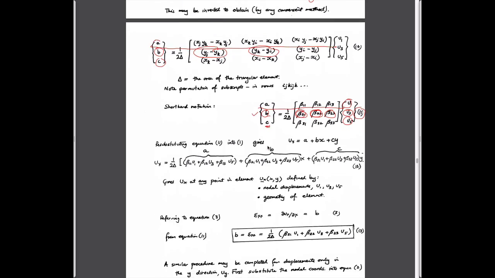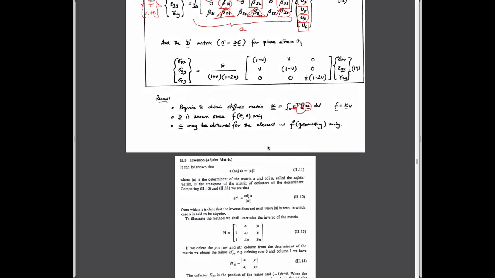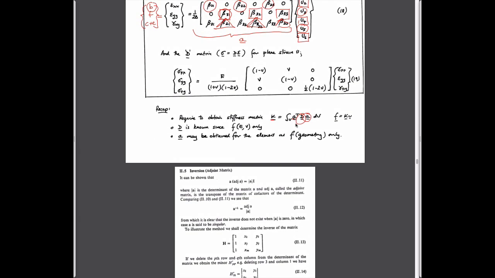And so just as before, when we look at this matrix here, we could rewrite the stiffness matrix, which is equal to the integral of A transpose D A dV. Since the A matrix is constant, it doesn't vary with location in the element.